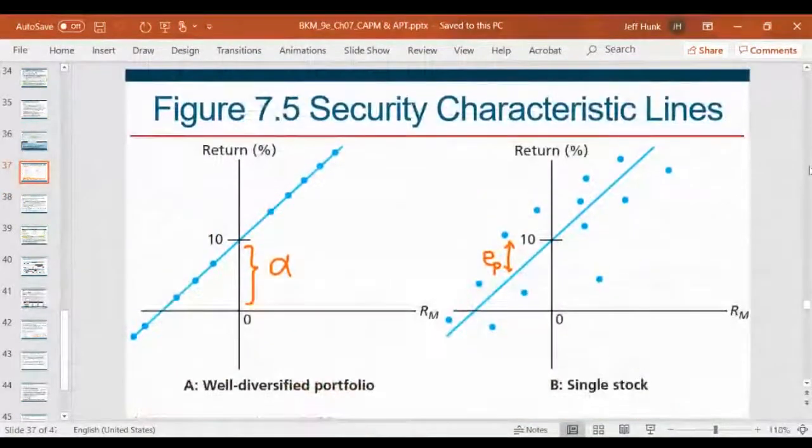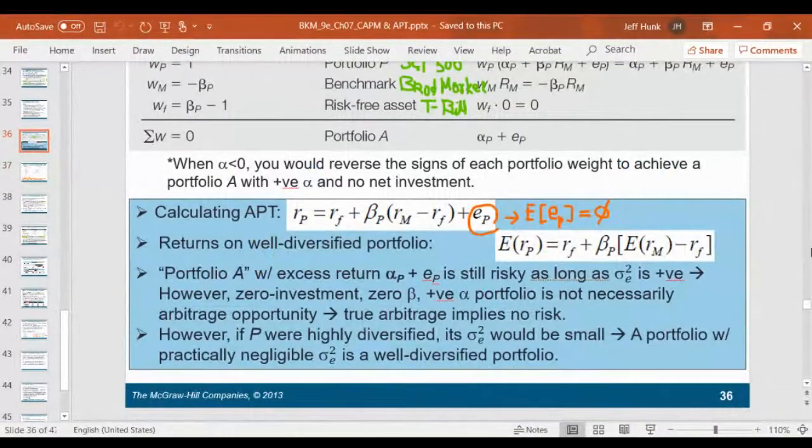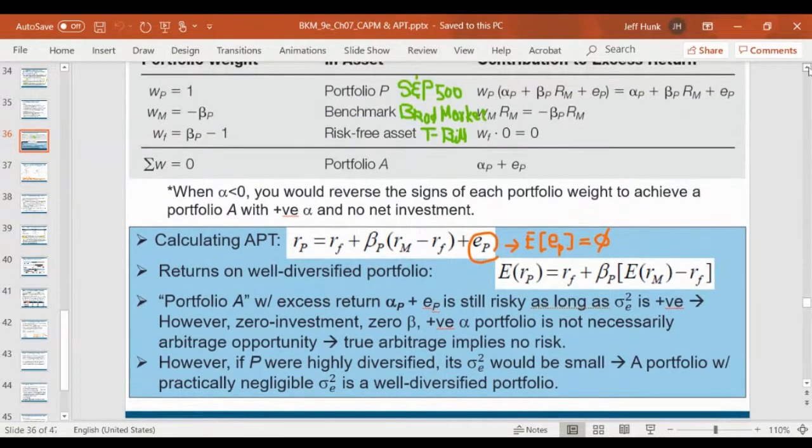So in other words, the S&P 500 is not the benchmark. They are not the same.